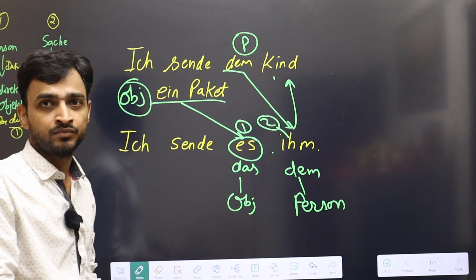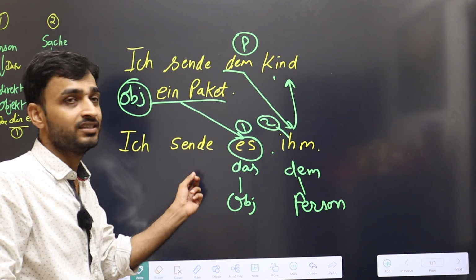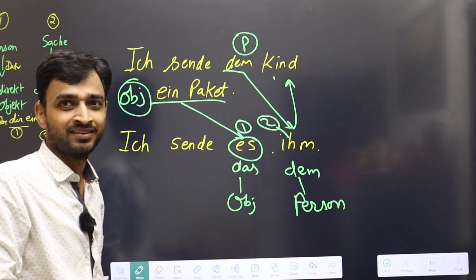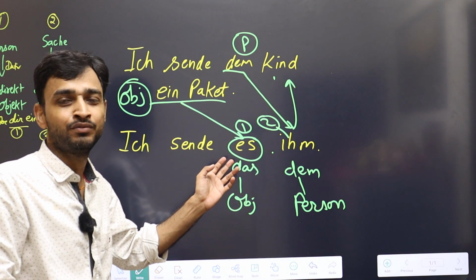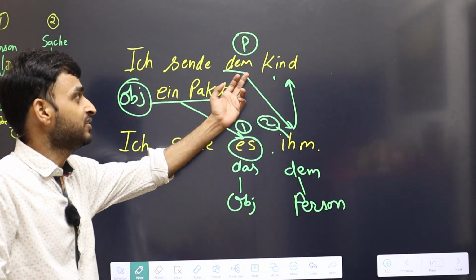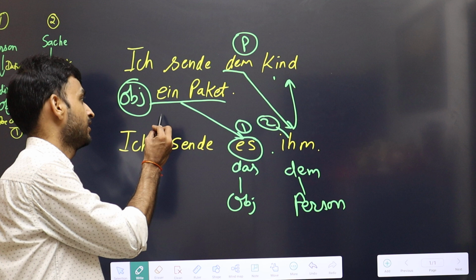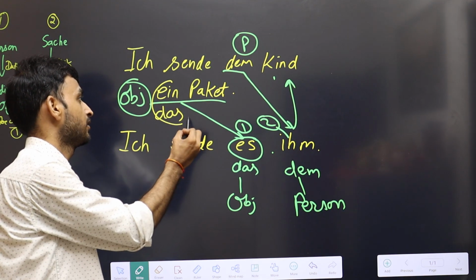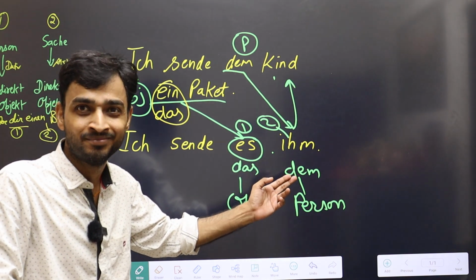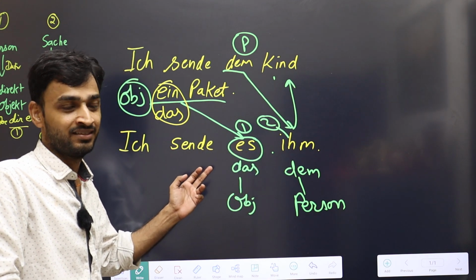This you need to understand. Ich schicke dem Kind ein Paket or ich schicke es ihm. I send it to him. I send him it? No. What do we say? I send it to him, like in English. Or I send the child a packet. I send the child the packet. I can also write das Paket. Both correct. But with personal pronoun, I send it to him. So it's es before ihm.